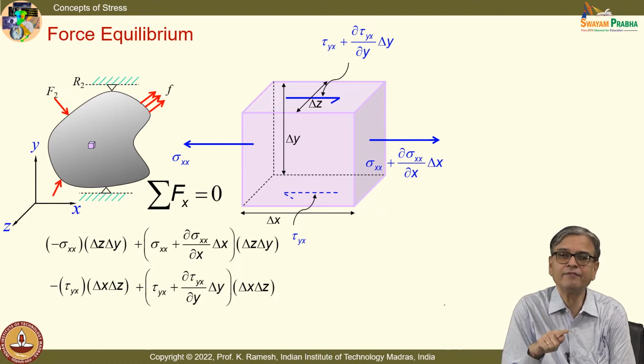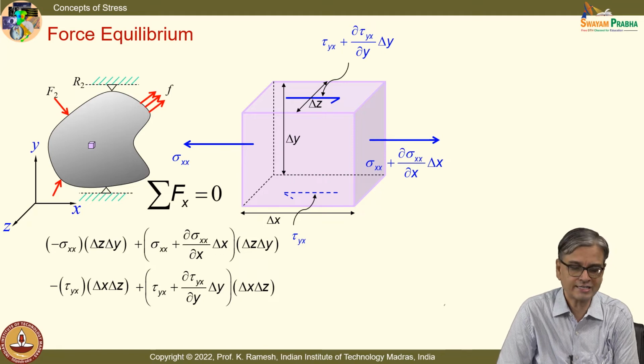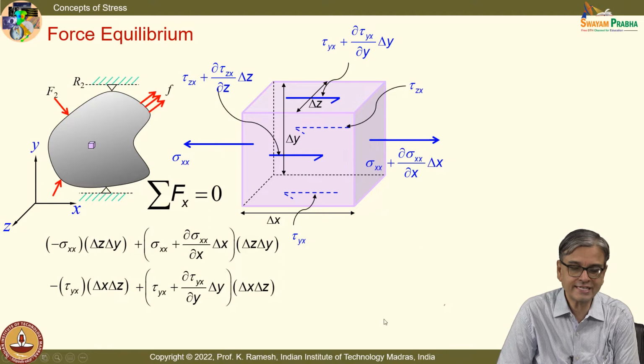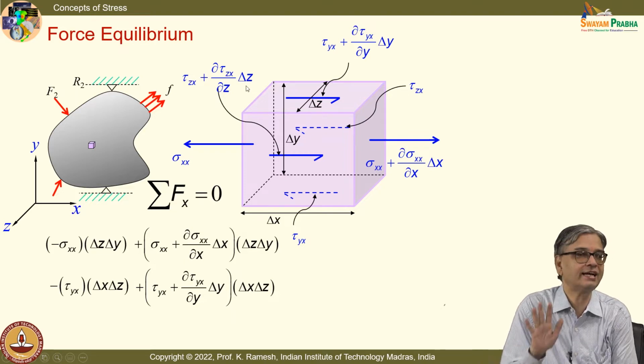So we need to have what is the component acting on the other face, which will contribute to equilibrium along the x direction. So I have tau zx on the negative phase. On the positive phase, z is varying. So I put this as tau zx plus dou tau zx dou z into delta z. Is the idea clear?